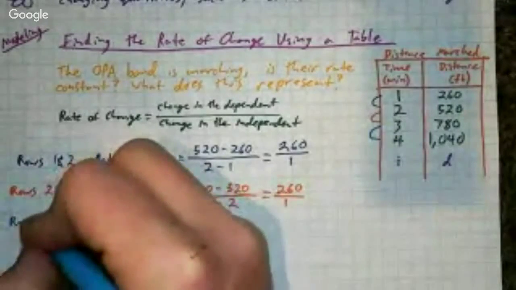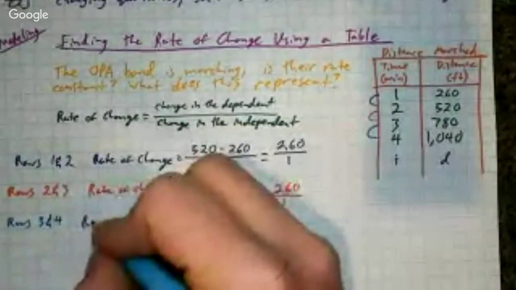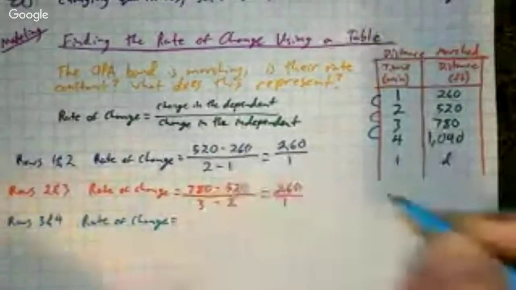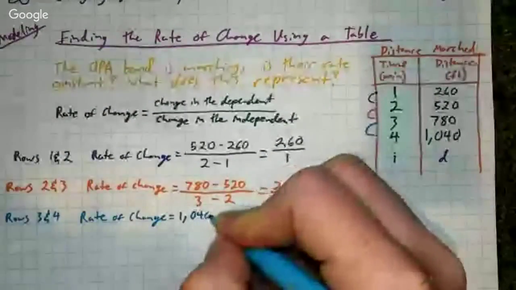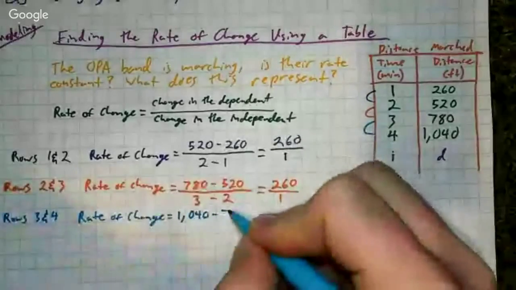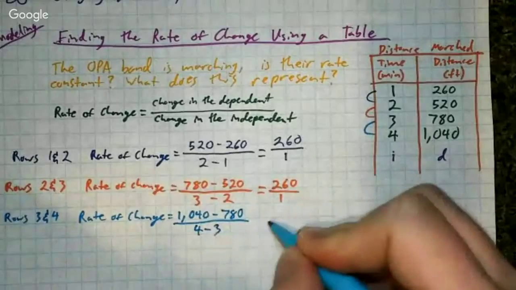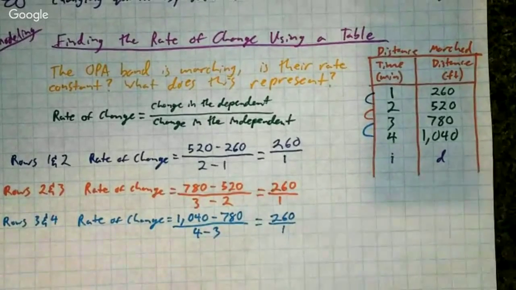So now you have rows 3 and 4, and the rate of change equals, well, 1,040 minus 780 over 4 minus 3. Again, our answer is going to be 260 over 1.